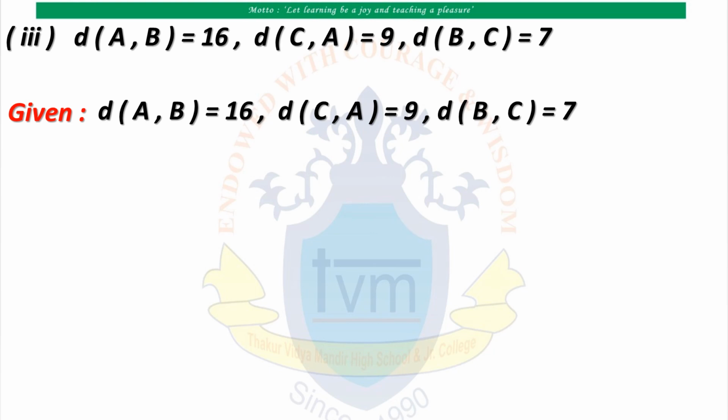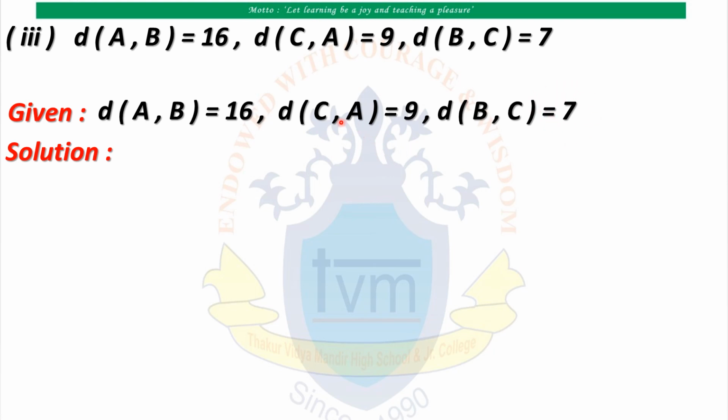So here we have 3 points A, B and C, and we have to check whether these 3 points are collinear or not, right? If they are collinear, then which point will lie between the other two? So what we will do here, we will add the two smaller distances, that means 9 and 7.